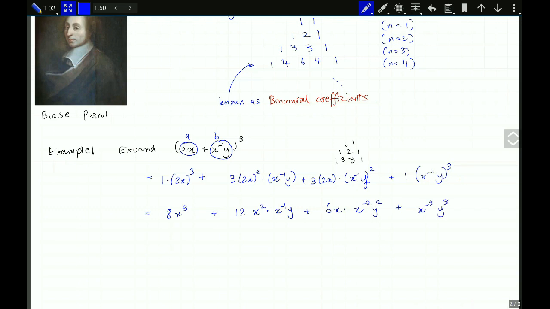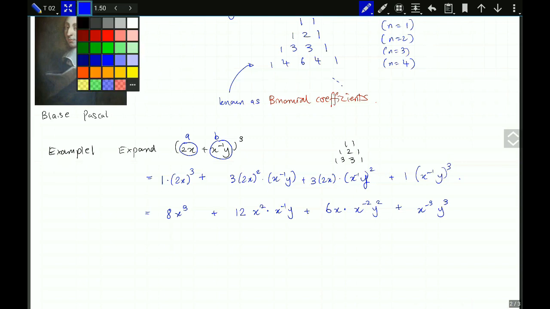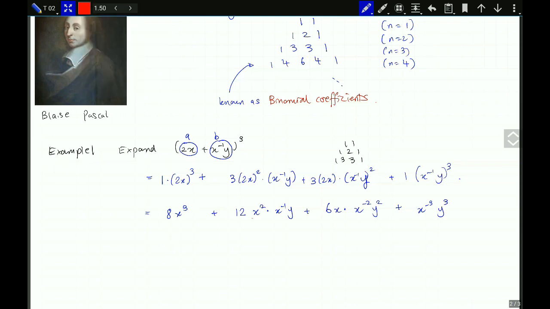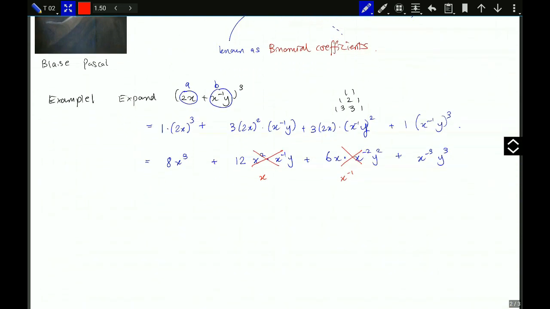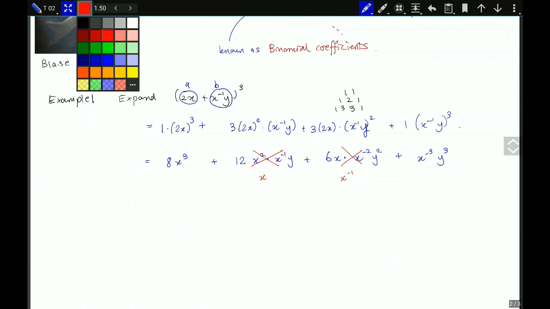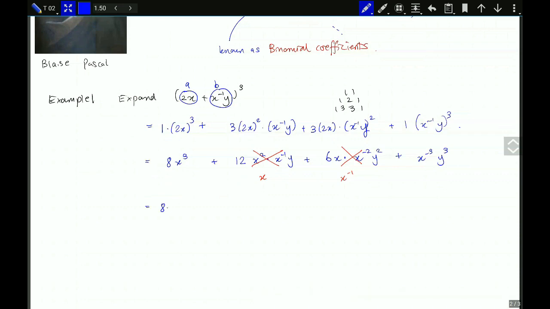And here, if I simplify, x squared times x to the minus 1 is just x, and x times x to the minus 2 is x inverse, x to the 1 minus 2. So our final answer is 8x cubed plus 12xy plus 6y squared over x plus y cubed over x cubed.